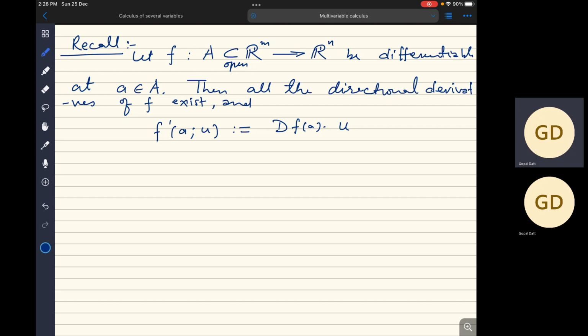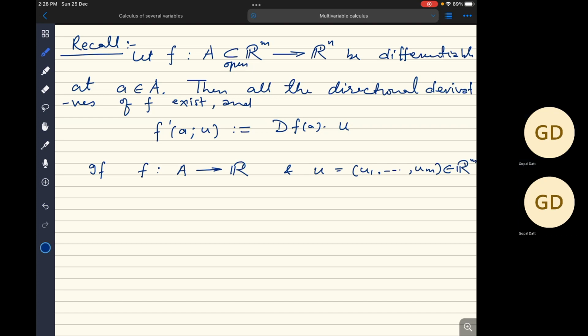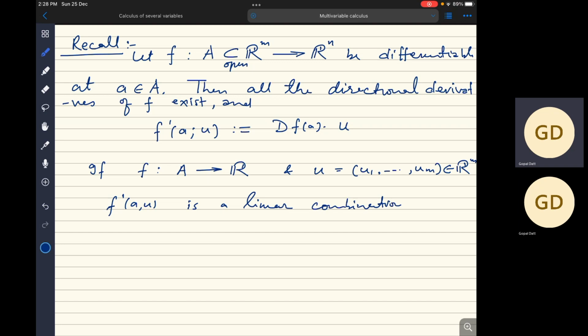okay. So we have further seen that if f is a scalar valued function, if f is a function from A to R, scalar valued means it is taking values in R, and say u is u1, u2, ... um in Rm, if so, then f dash a u will be given by a linear combination of u1, u2, ... yeah, we have seen this.